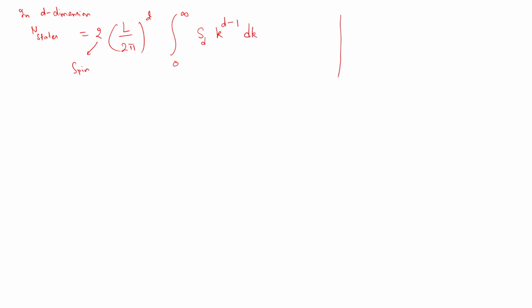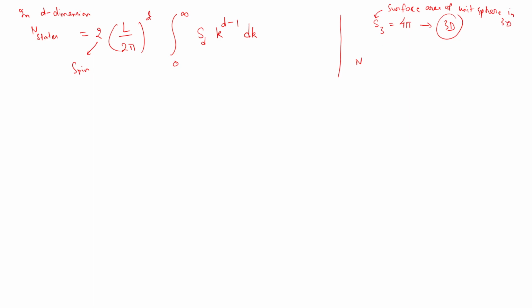So if you just take some special cases, for example S3 is equal to 4 pi, so n states will be what in 3D. Okay, so this is what, the surface area of unit sphere in 3 dimension. Surface area of unit sphere in 3D, it is 4 pi r square.